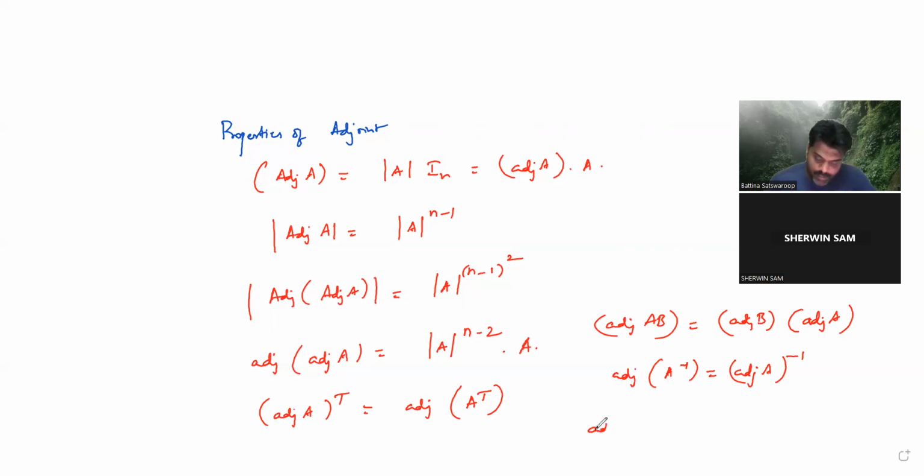Also, you can say adjoint of A power m is equals to adjoint of A whole power m. Okay. Clear? This is important. You are going to get problems mostly on this adjoint thing.